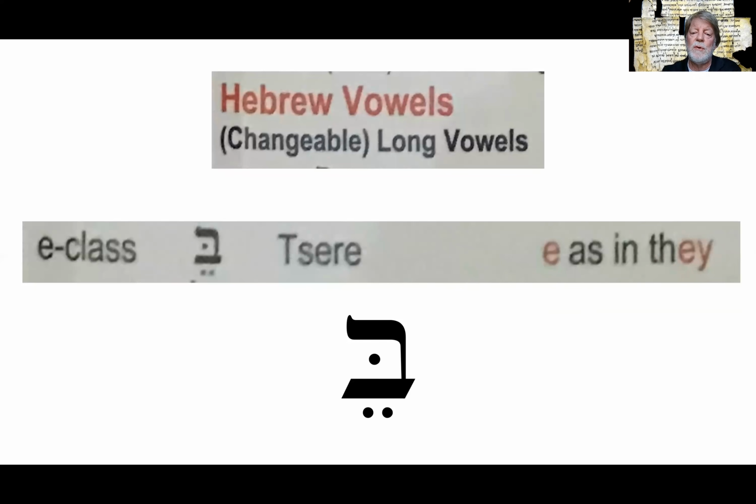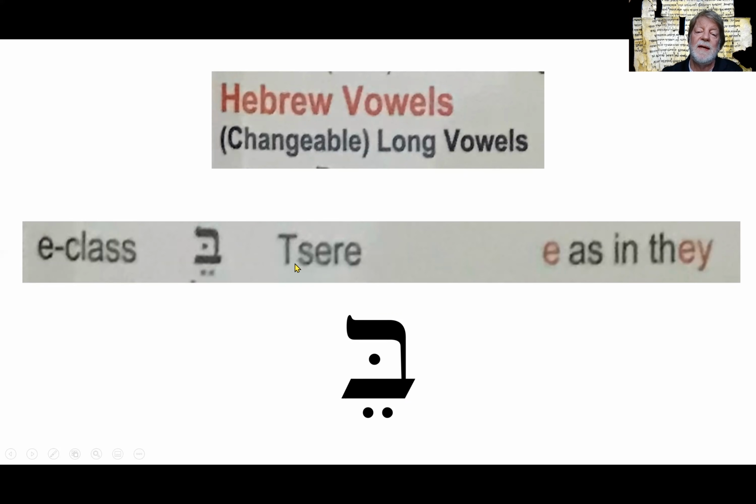The next screen that we have is the second line of that same chart, Hebrew vowels, long vowels. This is an E class vowel. It is two dots, not vertically like the schwa, but horizontally. So two dots side by side.